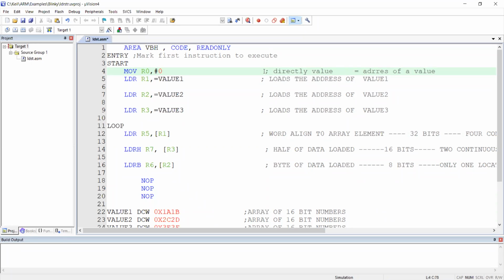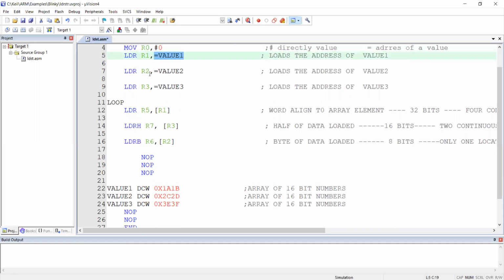Hash means directly value. Here 0 is copied for R0, but here equal means the address of that value. Which value? Value 1 is copied.